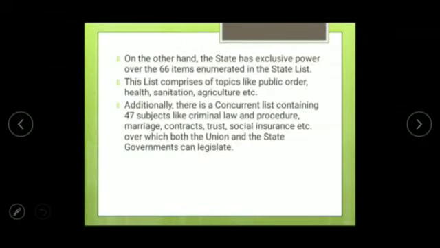They are subjects of local interest, such as maintaining law and order, police force, healthcare, sanitation, agriculture, transport, land policy, electricity in the state, village administration, etc. So the state legislature has the exclusive power to make laws on these subjects. Perfect.